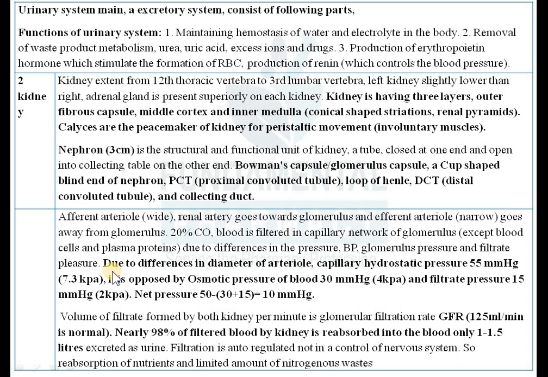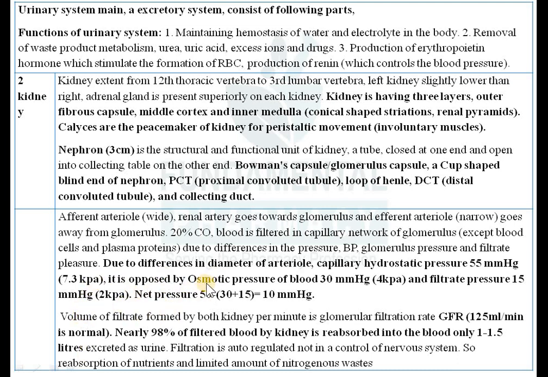Then the efferent arteriole is narrow in size and goes away from the glomerulus. In the glomerulus these arterioles form a mesh-like structure, a network.